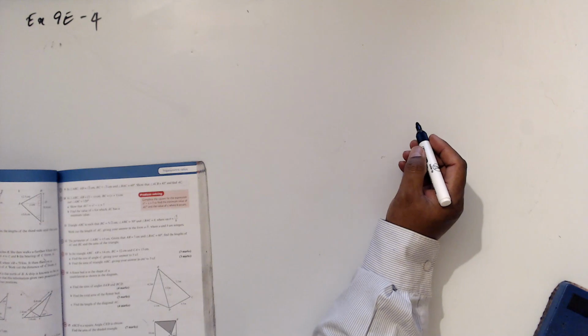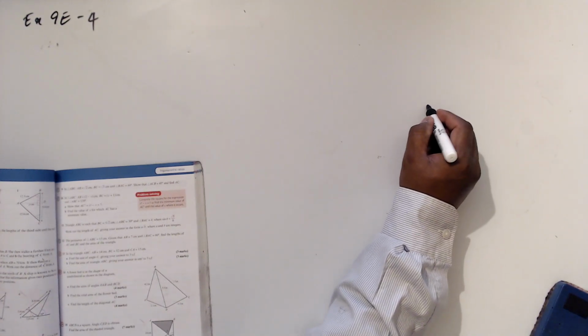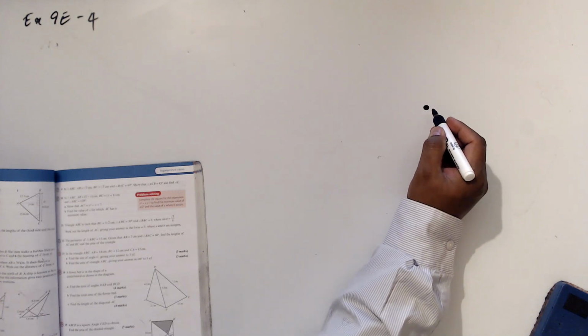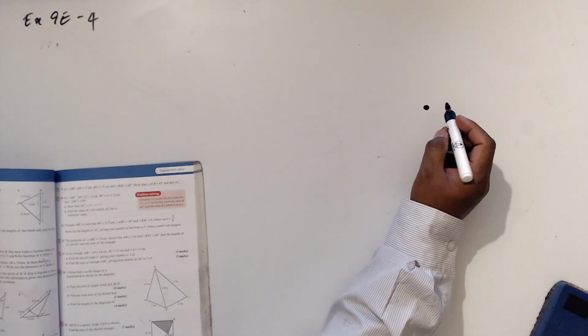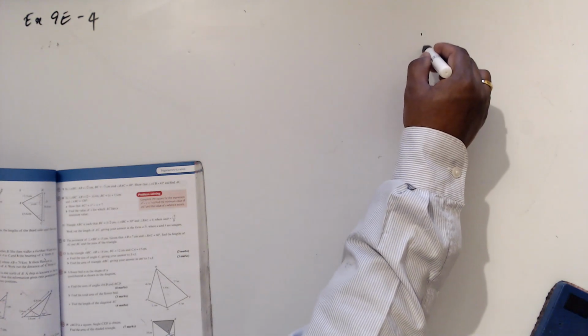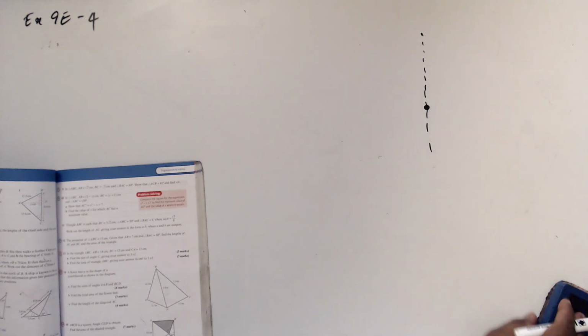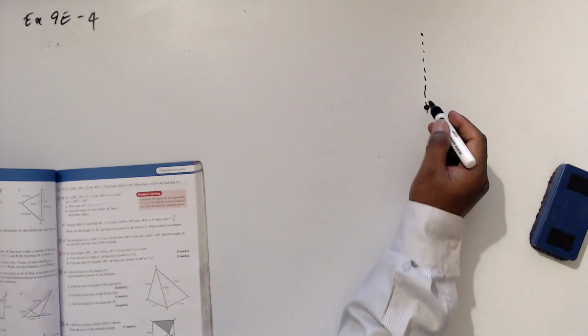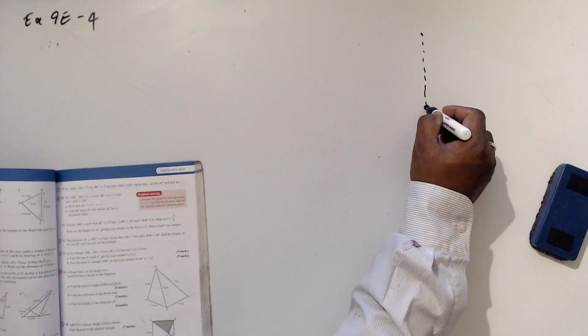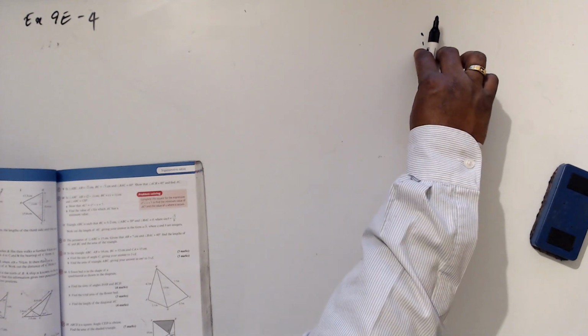Question number 4. A helicopter flies on. Okay, the helicopter is here. So we will start on bearing 200. So it starts from here, but I need to get the direction now. 200. Right.